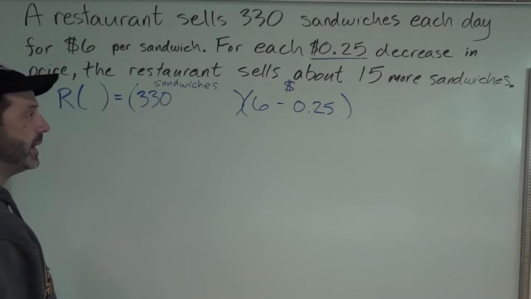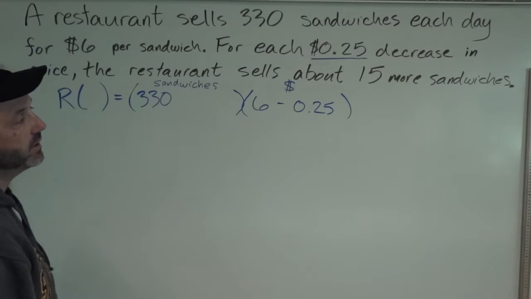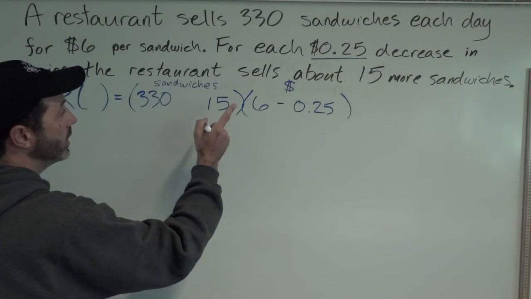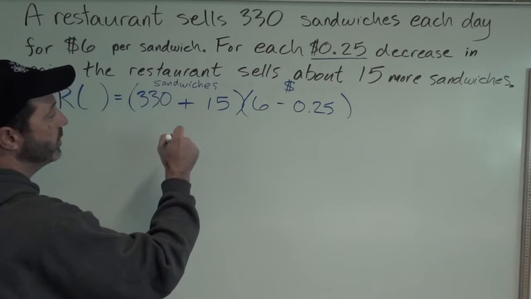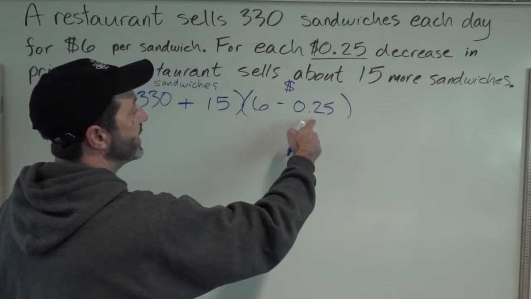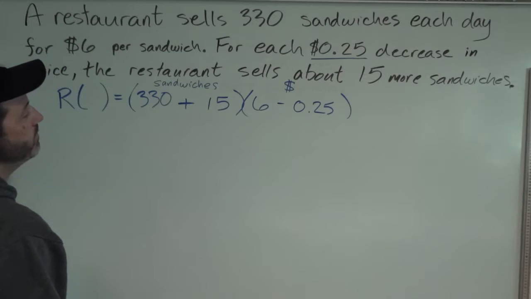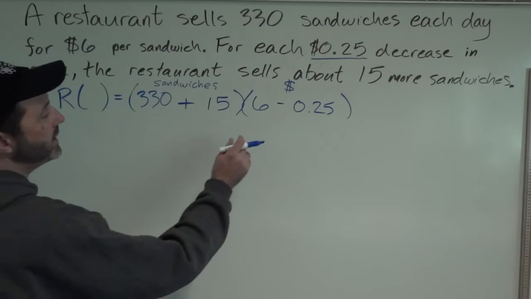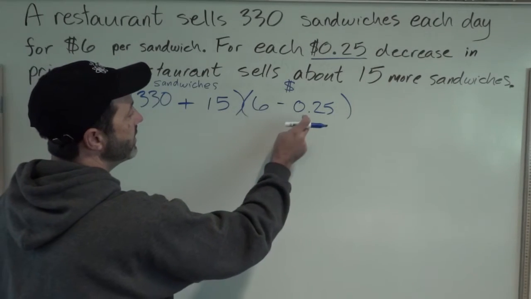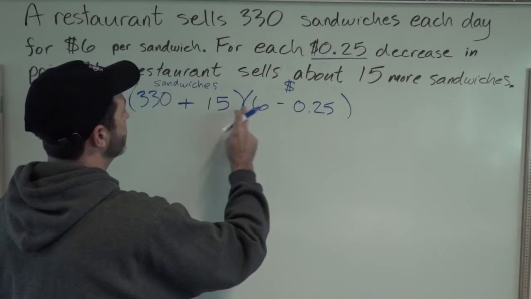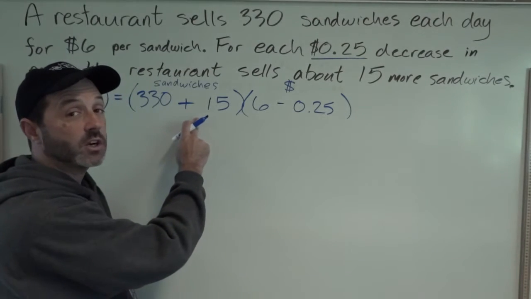Now, I expect for each 25-cent decrease that I will sell 15 more sandwiches. Here's the 15, here's the more. Here's the decrease, here's the 25 cents. Okay, so I want to know how many times can I make that quarter decrease before my customers start going away?